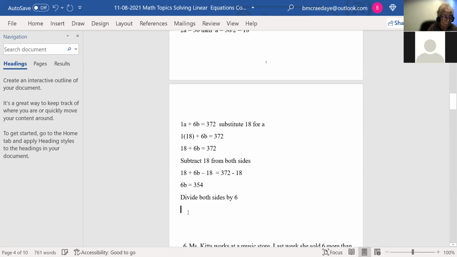So B equals 354 divided by 6. And what's that equal to, Maureen? 354 divided by 6. What do you get? 59. That's it, 59.